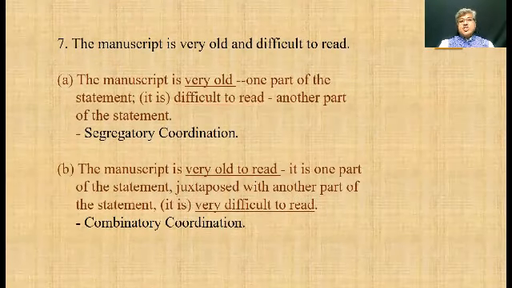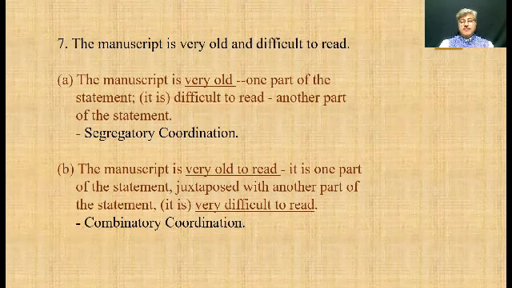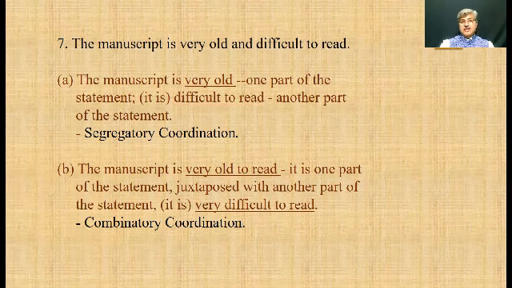The manuscript is very old and difficult to read. The first meaning: the manuscript is very old, one part of the statement, and it is difficult to read, another part of the statement. It means it is very difficult to read the manuscript because it has become old, and due to the old manuscript, it is difficult to read.